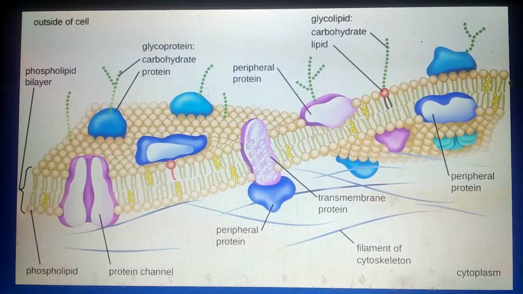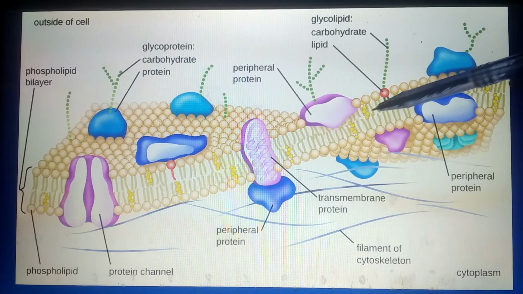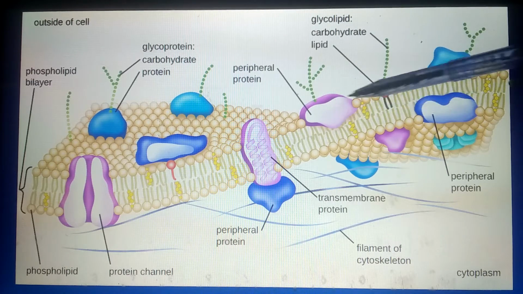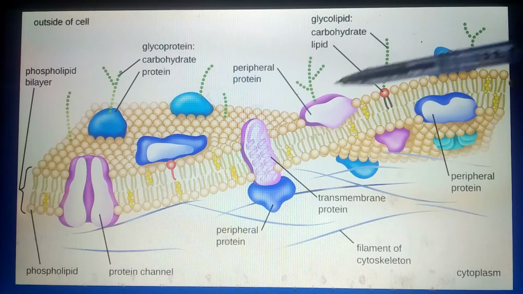Now you can see here all the molecules. This is the lipid bilayer, and you can see the sea of lipid in which the proteins float, which is the fluid mosaic model.